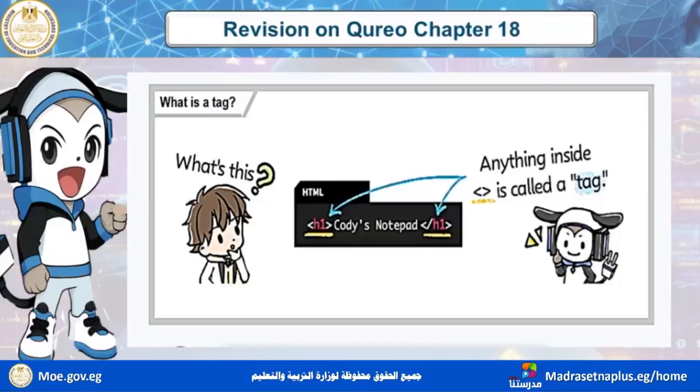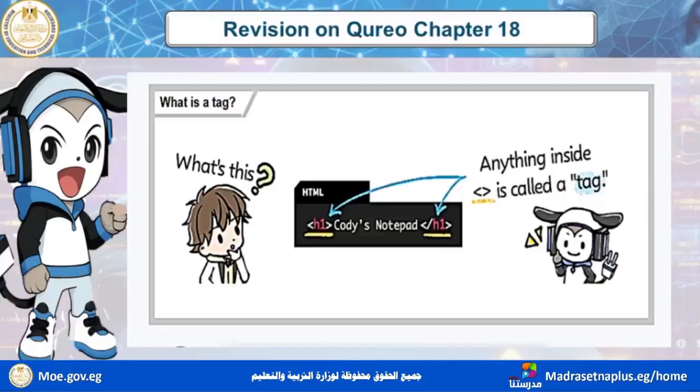Inside angle brackets, greater than or less than, we call it a tag. So here, each one is a tag. And of course, it has a meaning in HTML language. We will discuss later what each one does in HTML language.